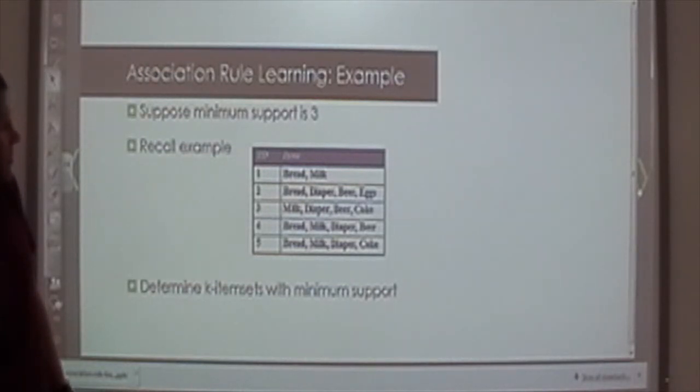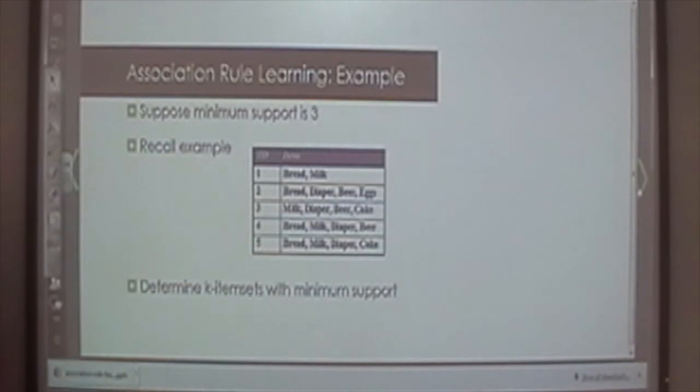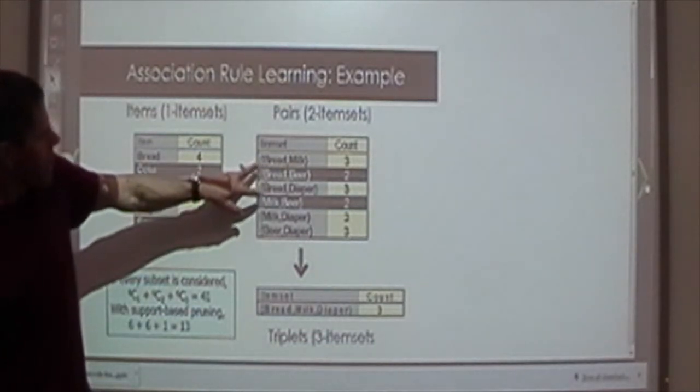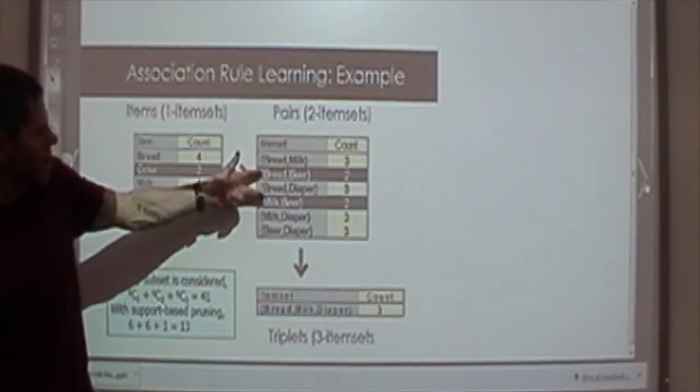Milk and beer? That's 2. Milk and beer only appears twice. And the other one is bread and beer, which appeared twice. So we had bread and beer and milk and beer appear twice.